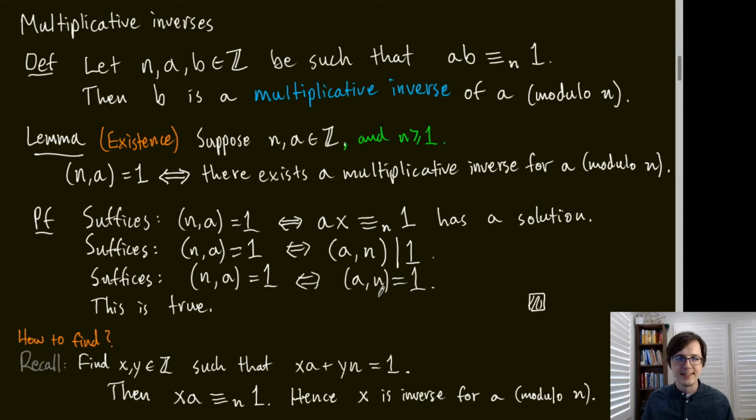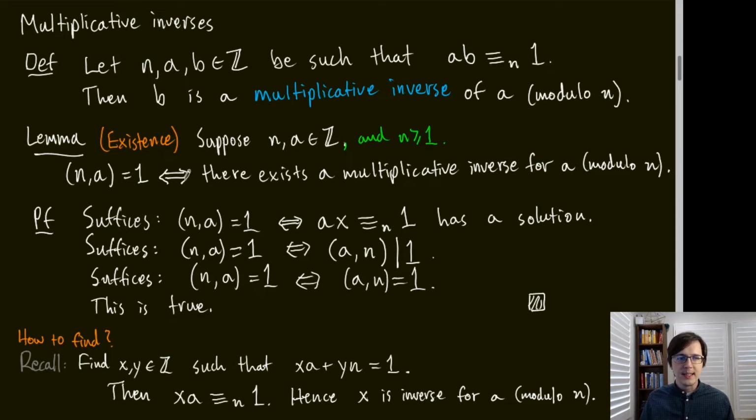So that's just true. Okay, so that's that statement. Now we know that inverses are unique up to modulo, and also we know the exact condition under which they exist.